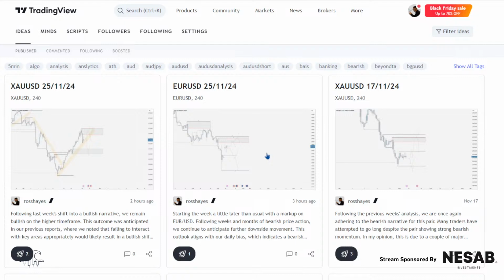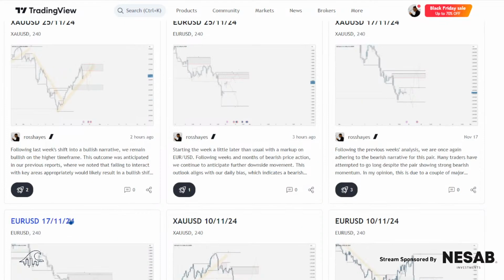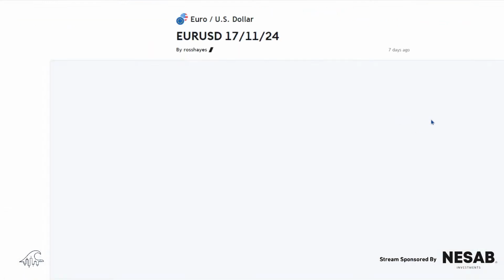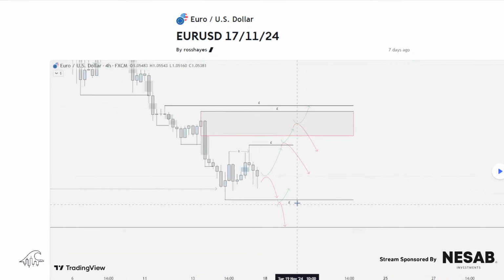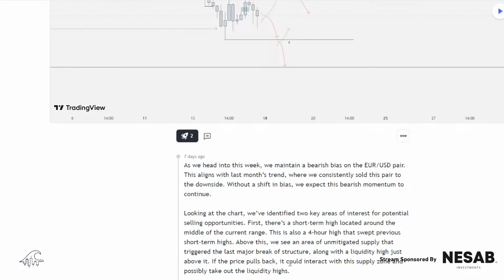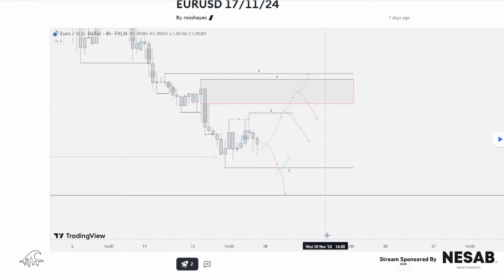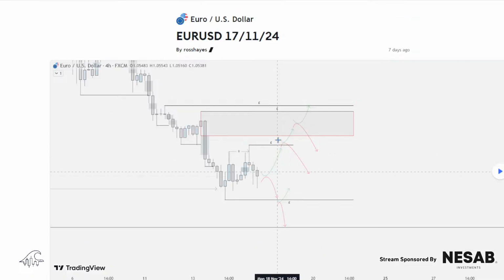So we're going to start this live stream off by looking back at the previous week's markup for euro to the US dollar. Now, again, you can go and read all of the information about this, all of our text work that we have behind it, and of course you can see the charts, based off of what we're looking at, leads us into the following week's report.